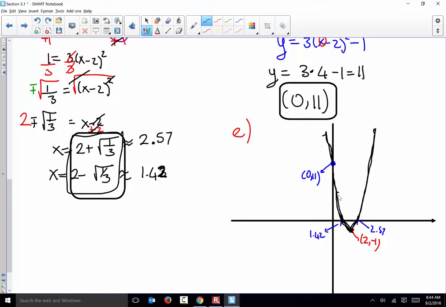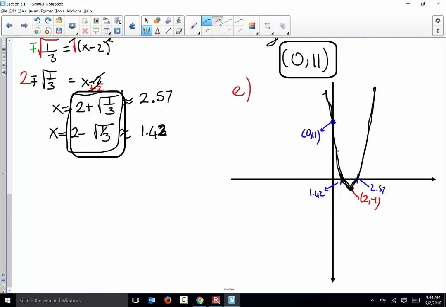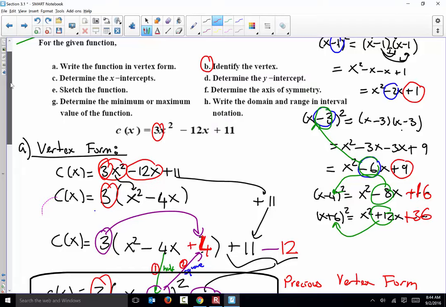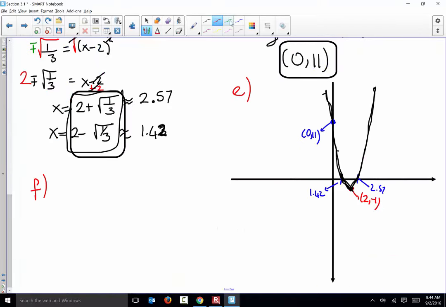Any questions so far? F and G. Two more parts and we're done. F says axis of symmetry. Anyone? What is this vertical line passing through right between these two branches? It's x equal what? 2. So always this guy, x equals 2.